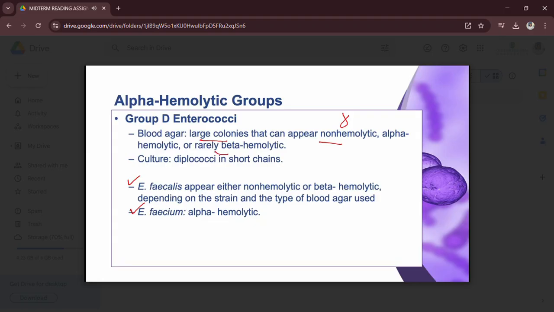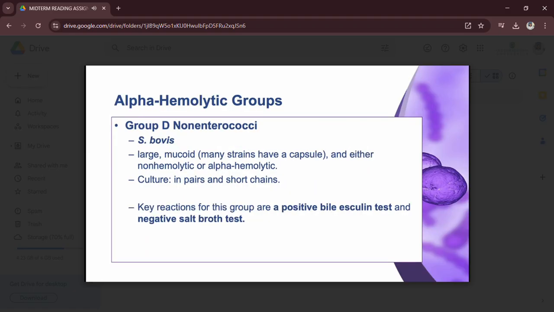After staining, under the microscope, you can see diplococci in very short chains. Enterococcus faecalis can be non-hemolytic or beta hemolytic, depending on the strain and the type of blood agar used. But Enterococcus faecium is alpha hemolytic.